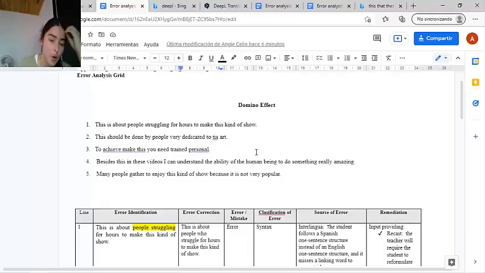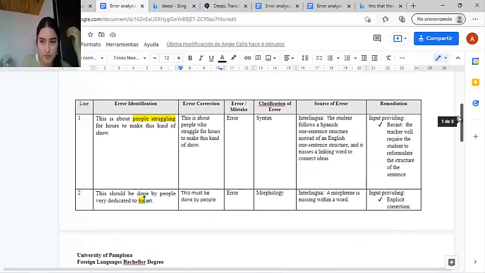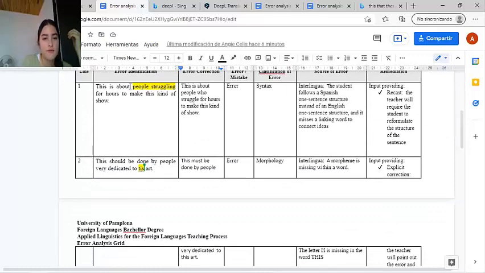This is my core linguistic corpus. Domino effect is a short paragraph, but I decided to divide the paragraph into short sentences because in this way it's easier to identify the errors. So let's start. In the first line, the student used "people struggling".